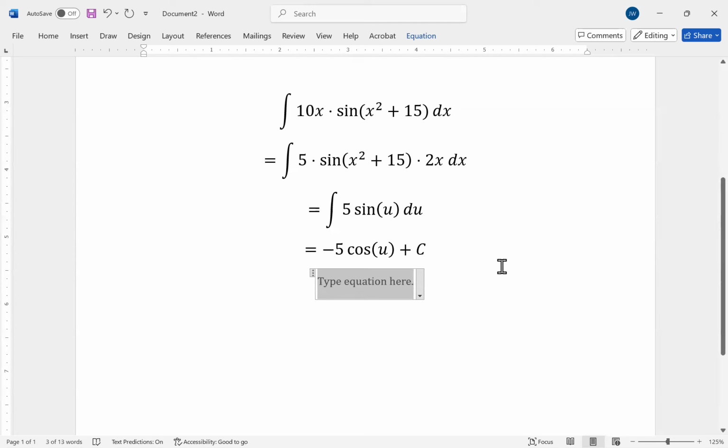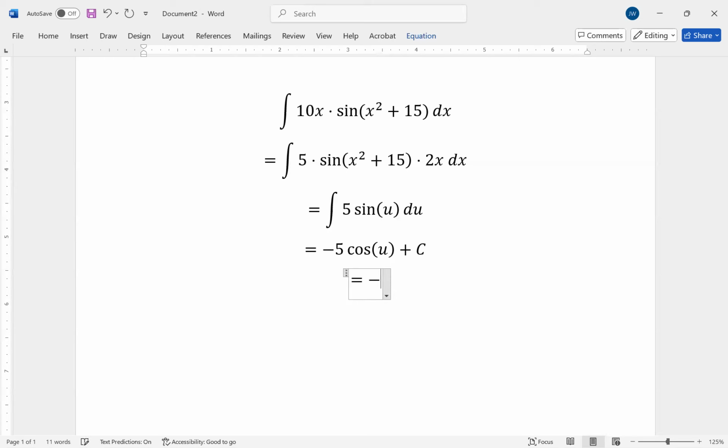Now I'm going to do an unpacking. I say unpack because I think of this as packaging the integral into a nicer form to integrate, then integrating, and then unpacking back into the variable x form.